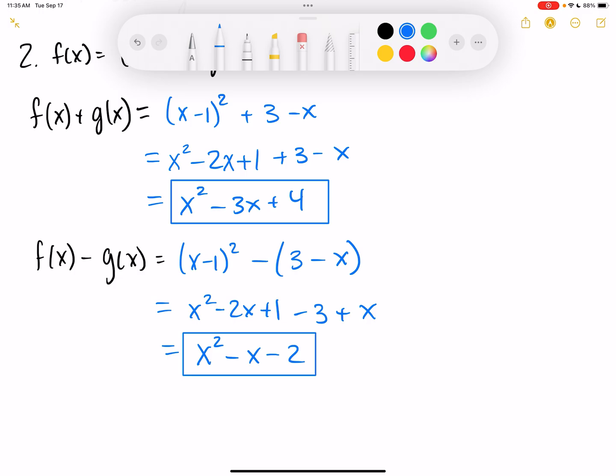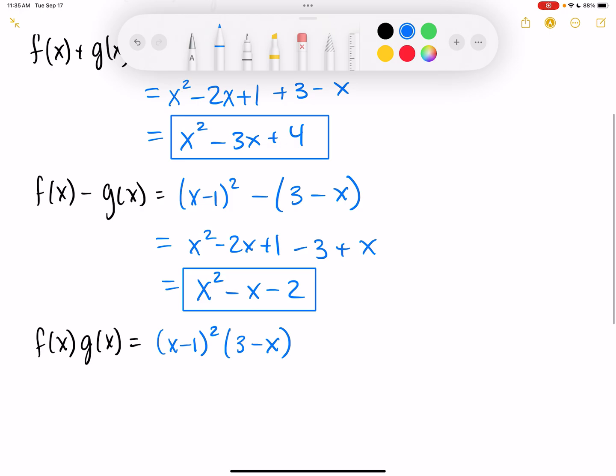And then the last thing they want is f of x times g of x, which would be x minus 1 squared times 3 minus x. So I get x squared minus 2x plus 1 times 3 minus x.